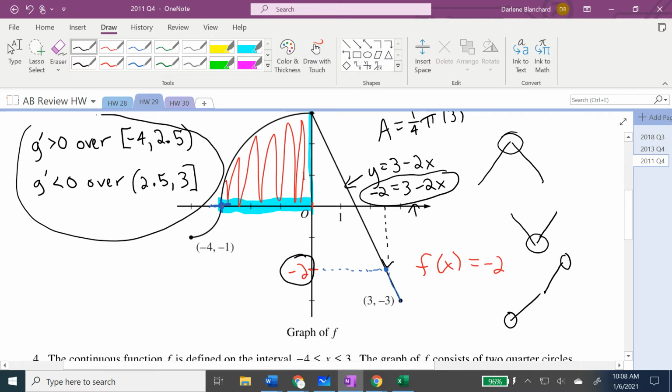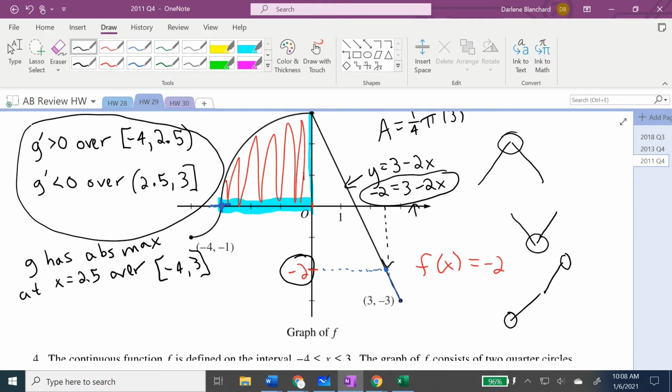This is justification for why G has an absolute maximum at x equals 2.5 over the interval of negative 4 to 3. Because if I go further than that interval, there's no guarantee any longer because I don't have that information. And that would justify it.